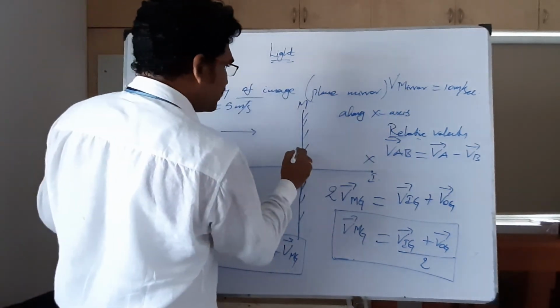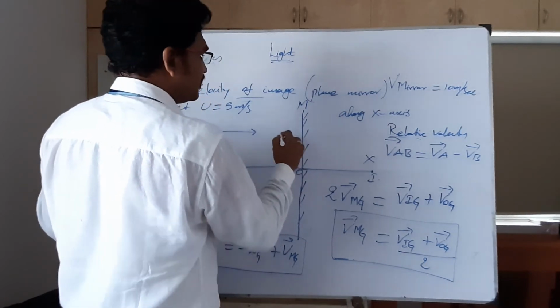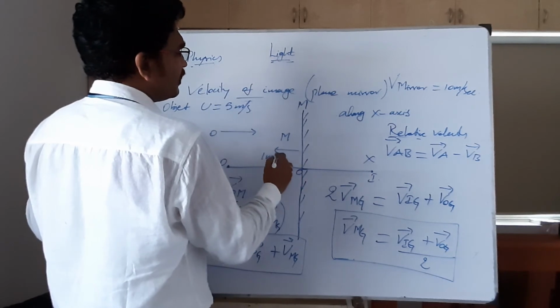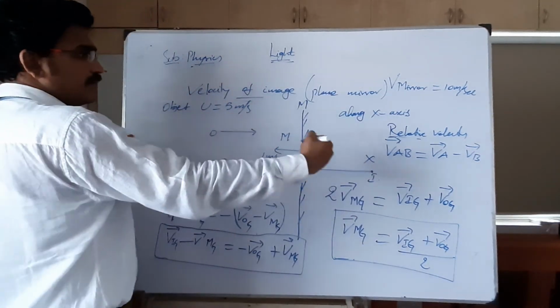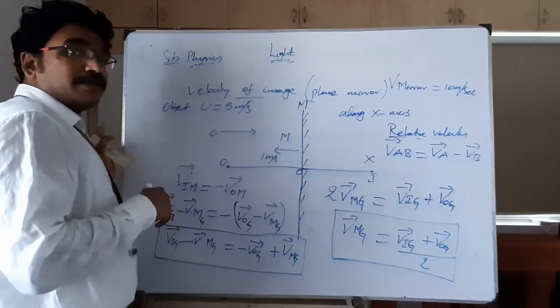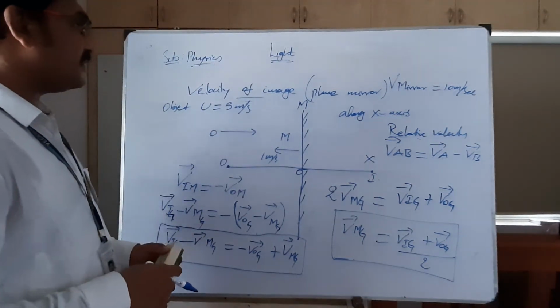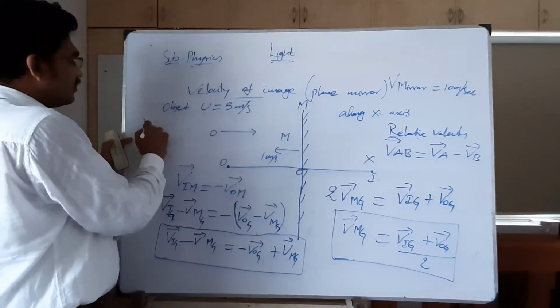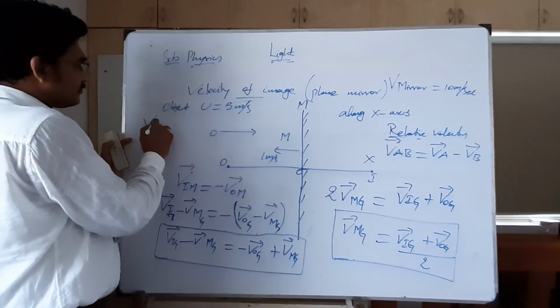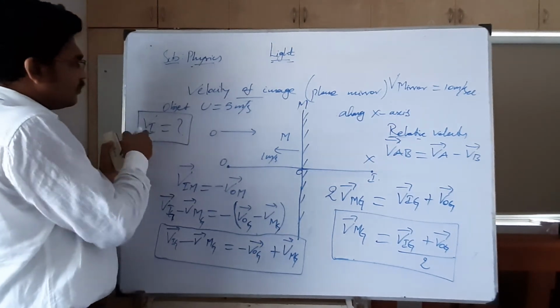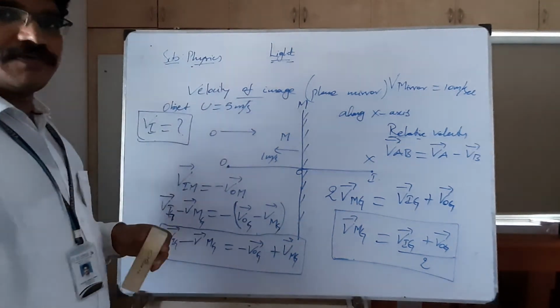Mirror is moving in this direction, for example, with 1 meter per second. Mirror is moving in this direction with 1 meter per second. Now calculate the velocity of image. This is the question. What is the velocity of image?